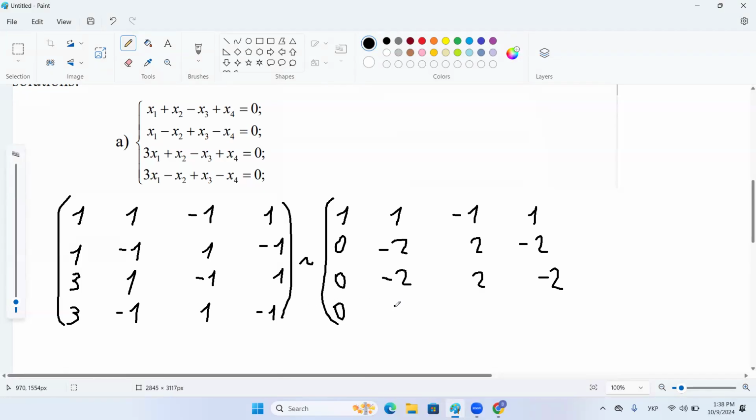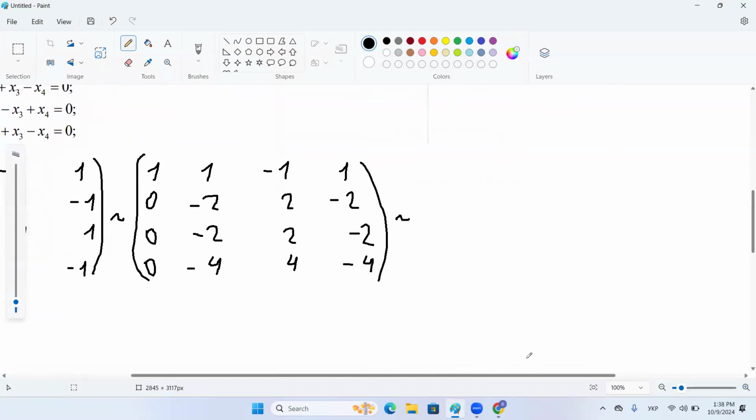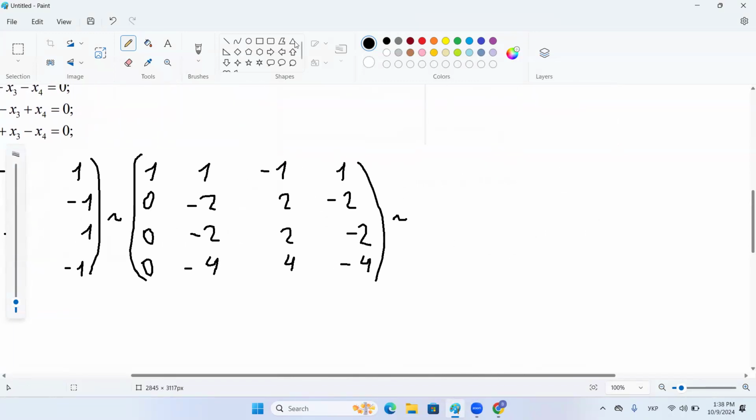And continuing, -4, 4, and -4. So some of them are going away. Remember these rows, because they are identical, and we can, by the way, divide by -2.